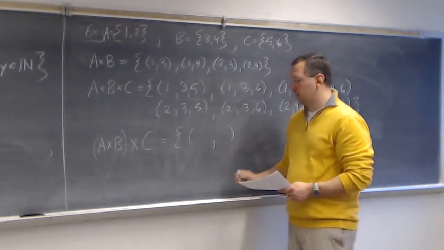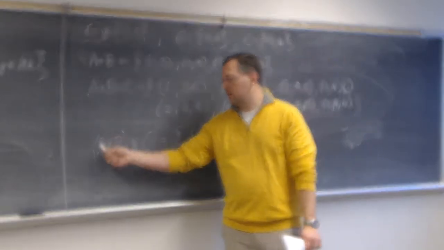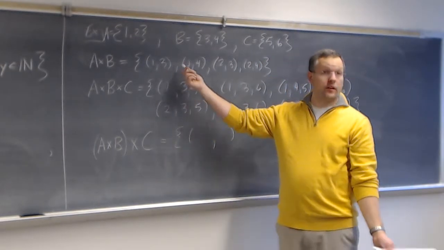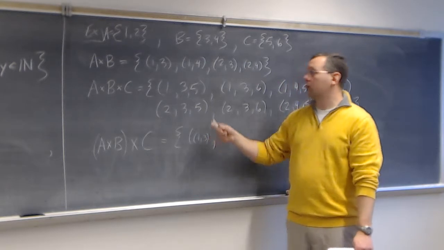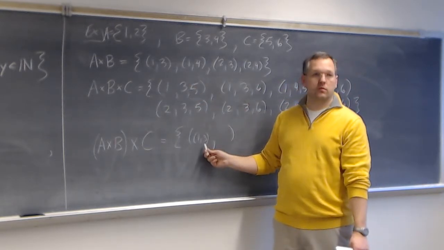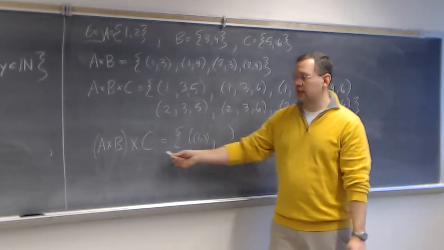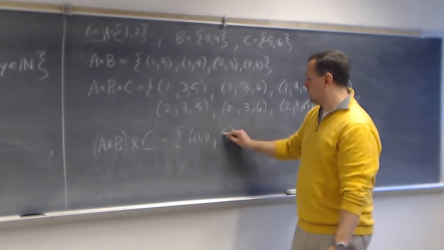The first coordinate comes from A cross B, so it's actually a point. For example, (1, 3) could be the first coordinate of this ordered pair, and then the second coordinate just has to be anything from C. So it could be 5, for example.